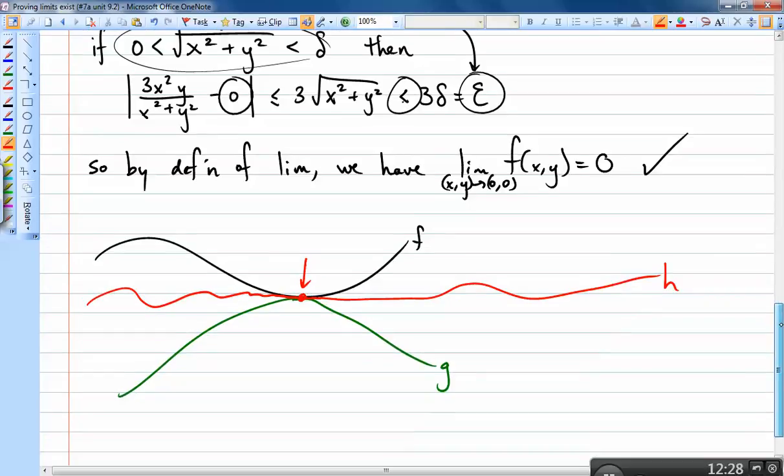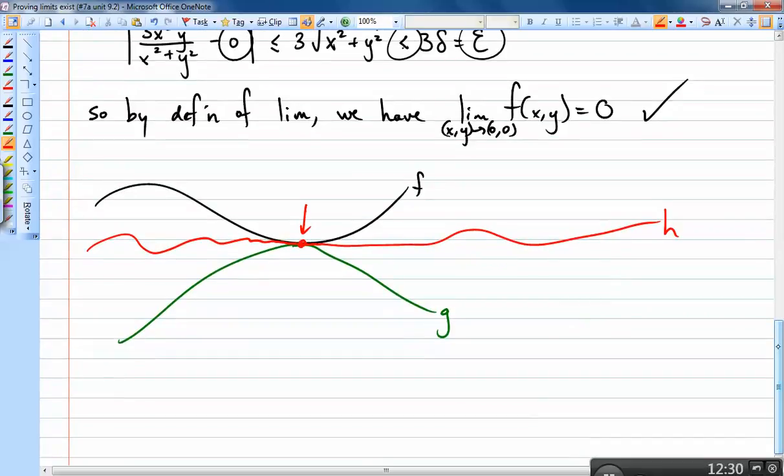So the idea here is that we can do the same thing but with multivariables. So instead of curves, f is a surface, g is a surface, h is a surface between the two, and they all meet at that one point in the middle, and you can figure out what that limit should be by looking at the limits of the f surface and the g surface.